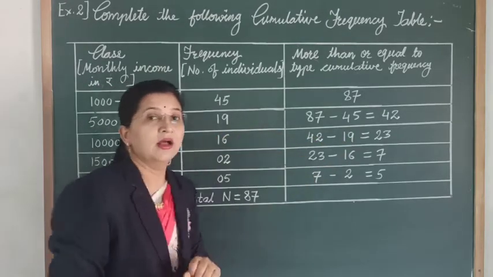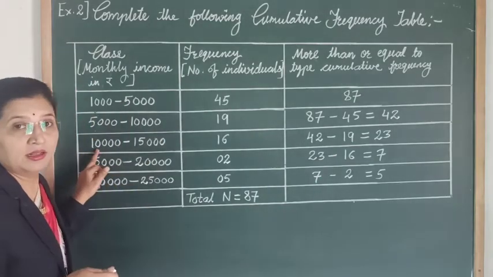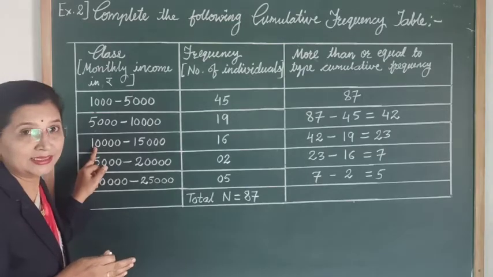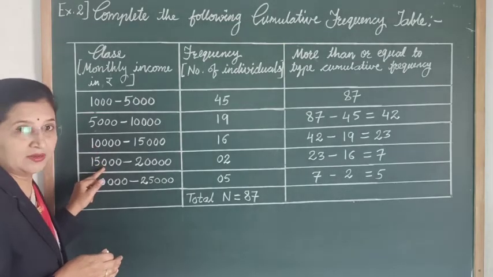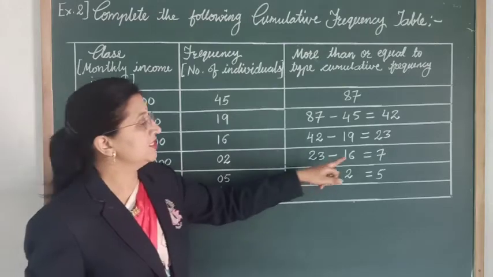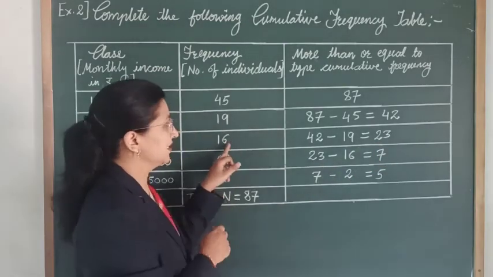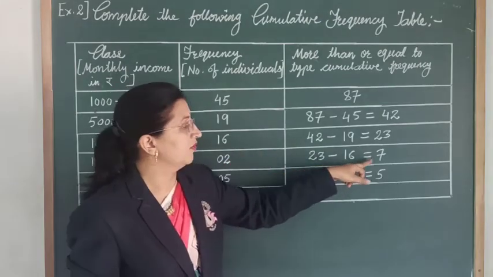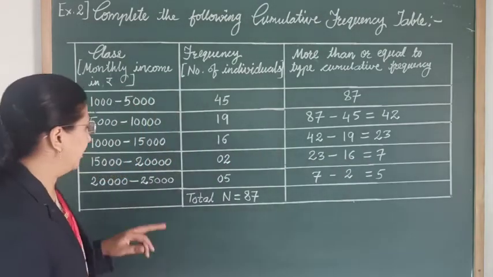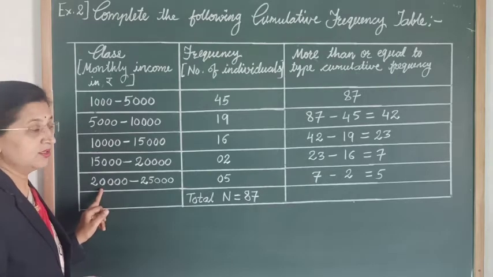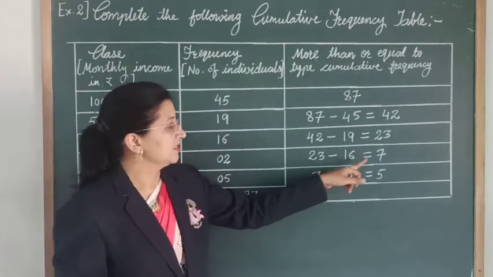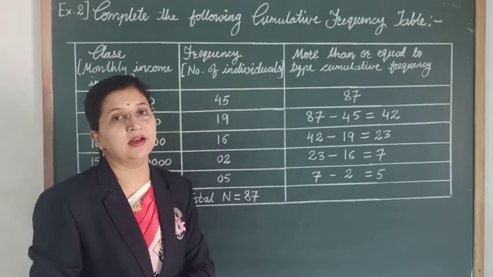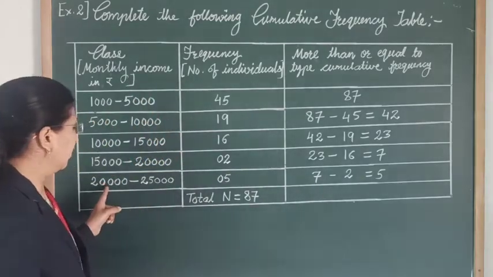So 23 individuals have a monthly income of more than 10,000. Similarly for 15,000, this 23 minus the previous frequency, so we get 7. And more than 20,000, how many people are there? This 7 minus 2, that is 5 individuals.